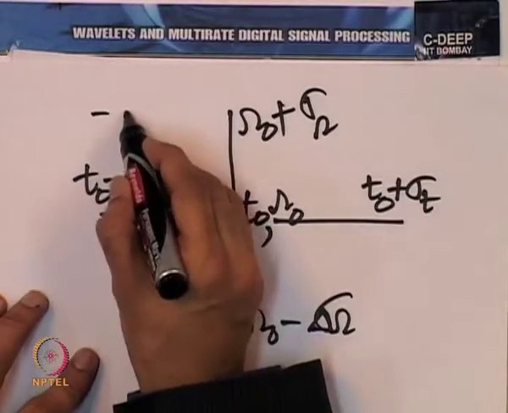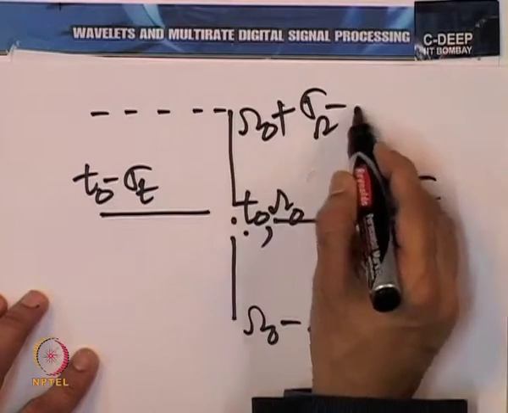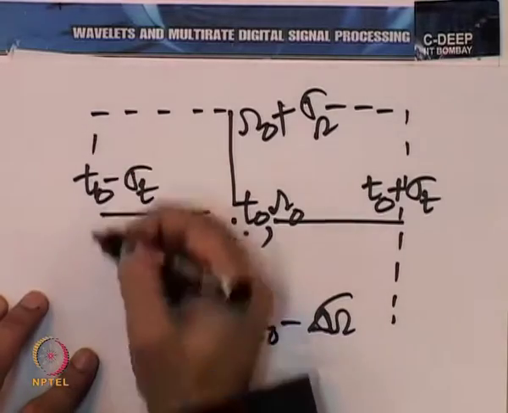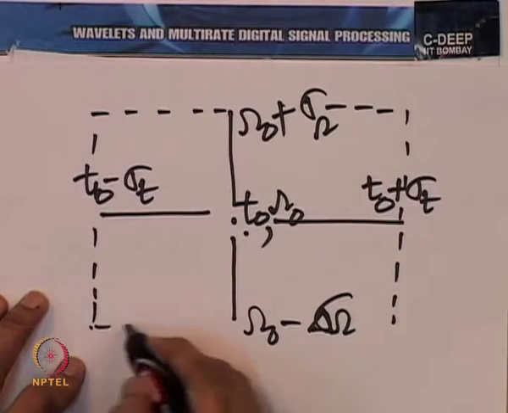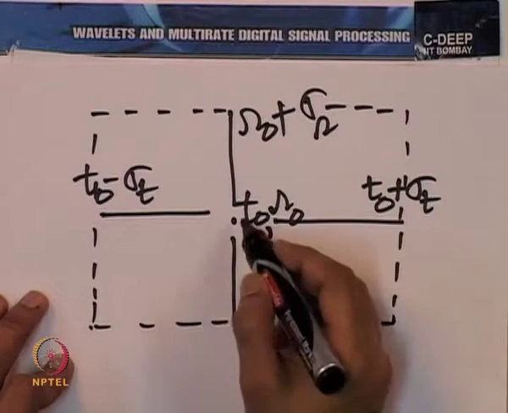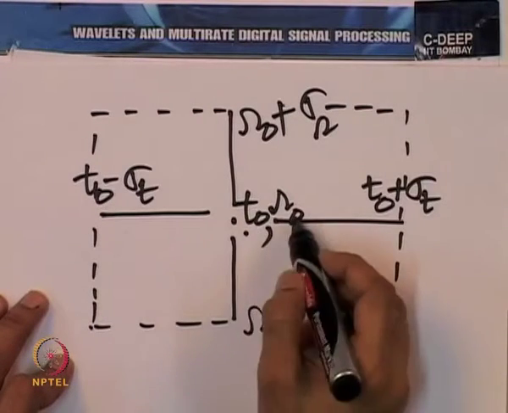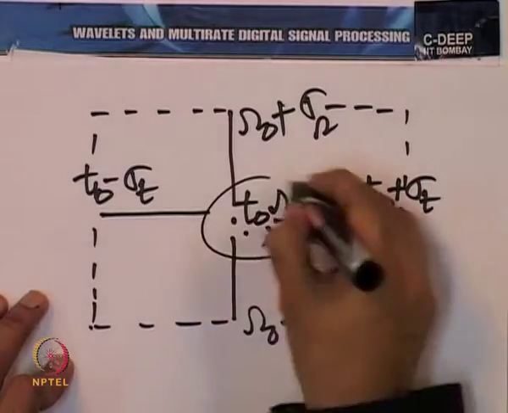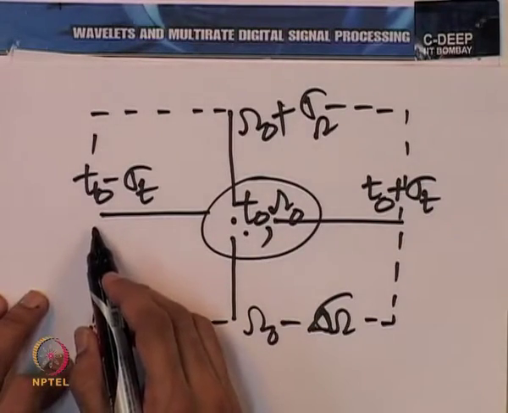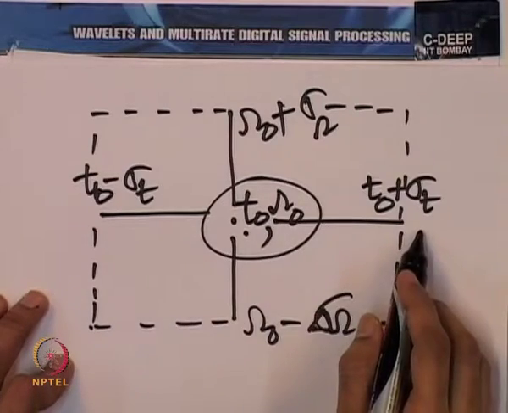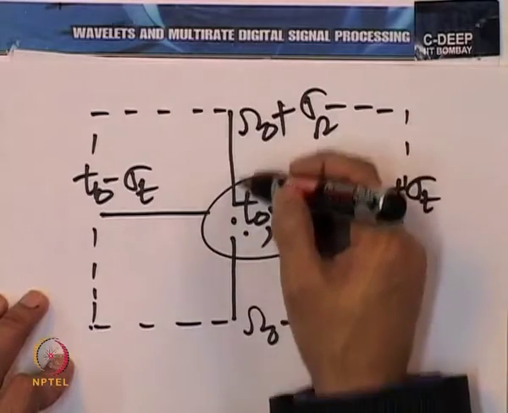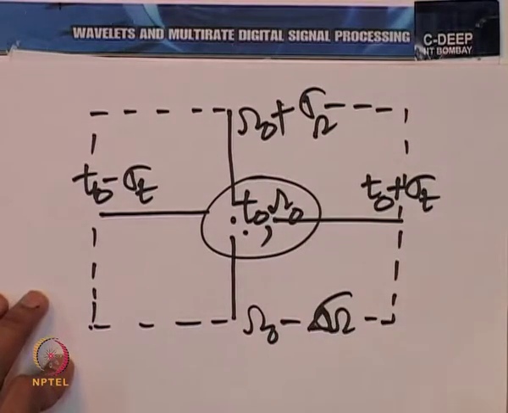So, you could think of that function x t as located in a rectangle which is centered at t 0 omega 0 here, which has a width or a horizontal spread of 2 times sigma t and a vertical spread of 2 times sigma omega.